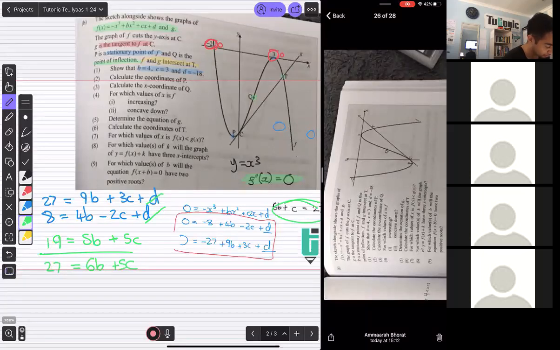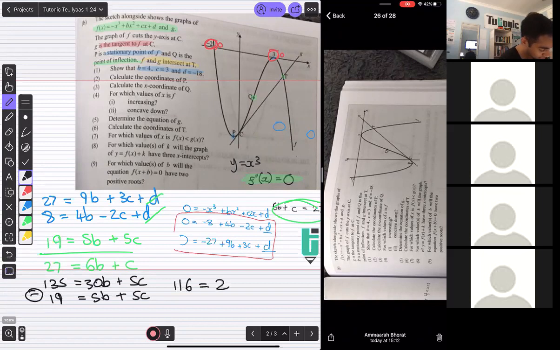Do you see? So 135 equals 30b plus 5c. Okay, somebody's mic is just a bit loud. Then now you've got 19 equals 5b plus 5c, and then we can subtract, right? It will be 116 equals 25b.